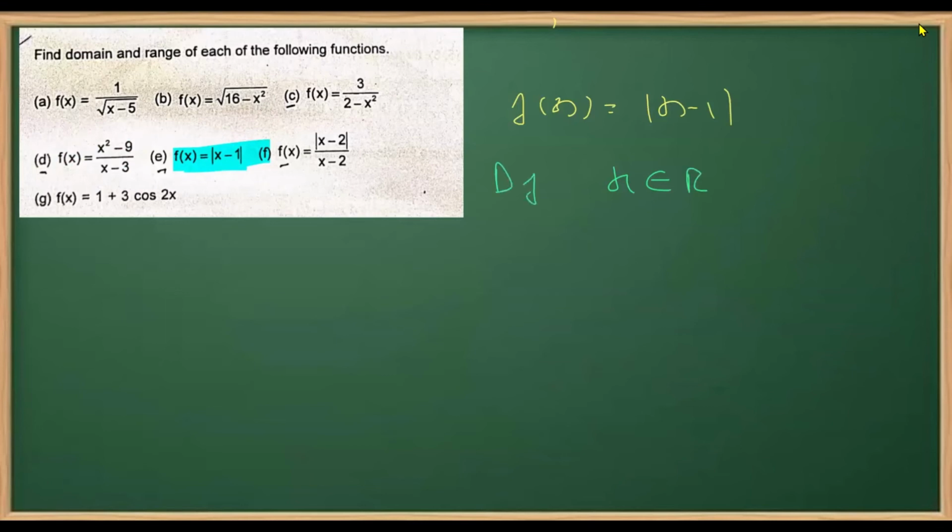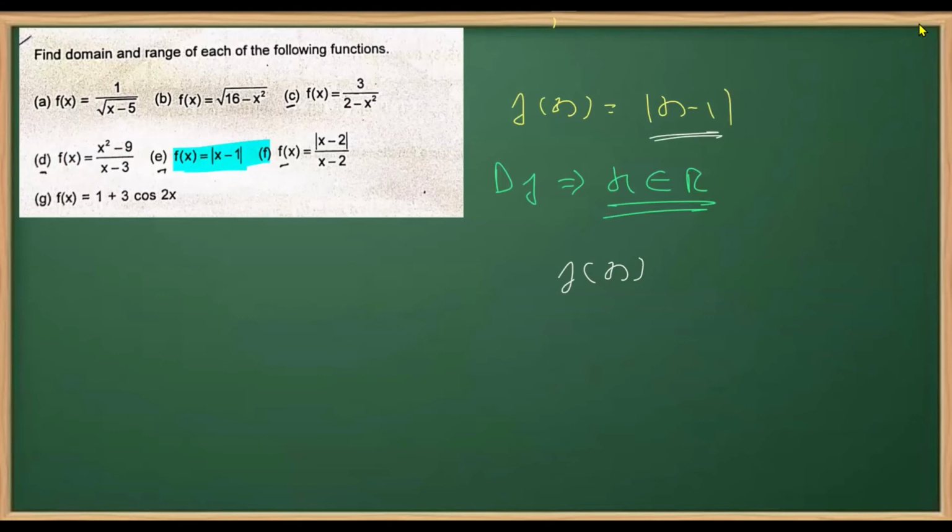So we'll say that the domain of this function is x, real numbers. Now check here that on placing any real value of x, whether positive, negative, fraction, or decimal, f(x) will always give you a positive value, including 0.